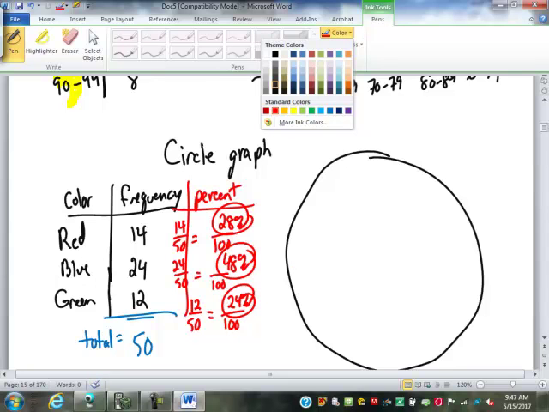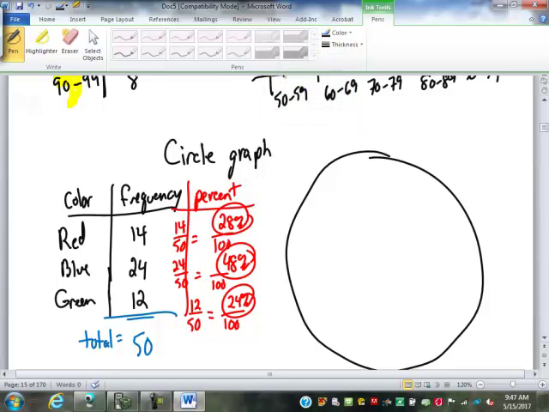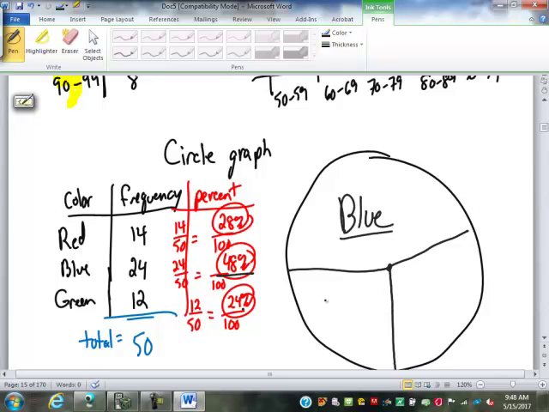So to graph this, I've got blue is 48%. That is just slightly less than half. Green is 24%. That's just slightly less than a quarter. And the rest is red. 28 is just slightly more than a quarter.